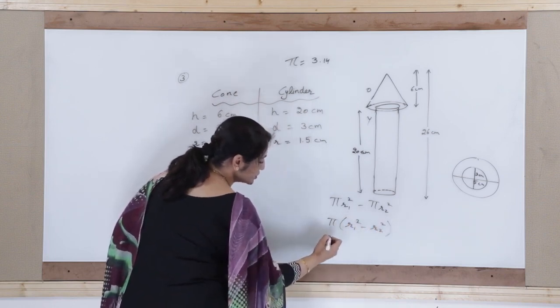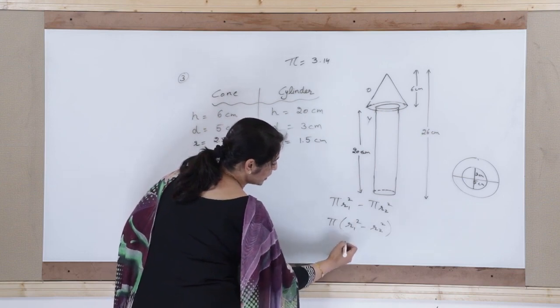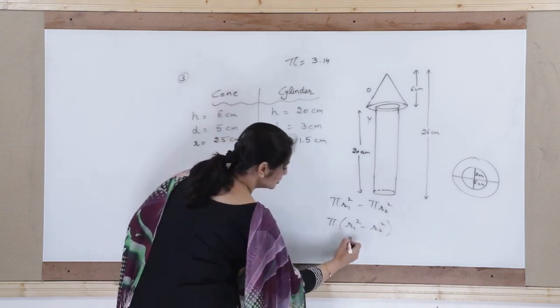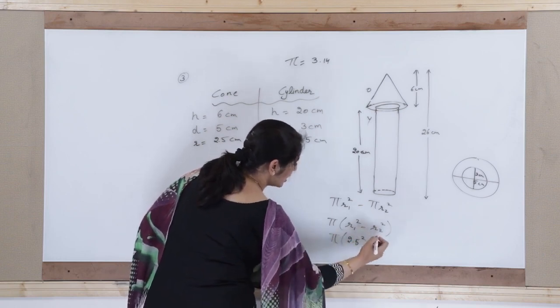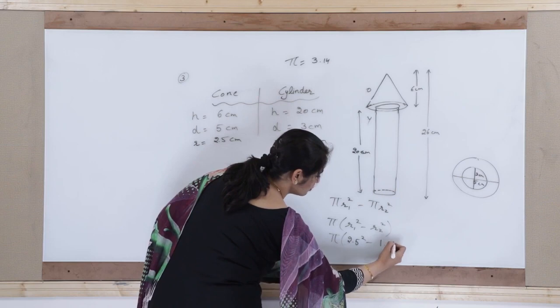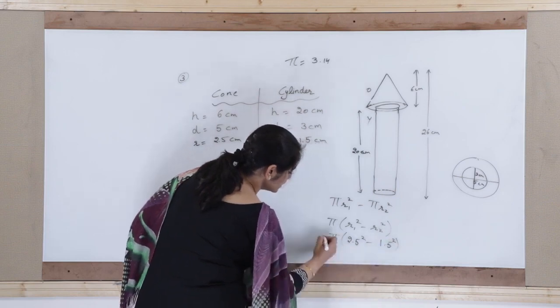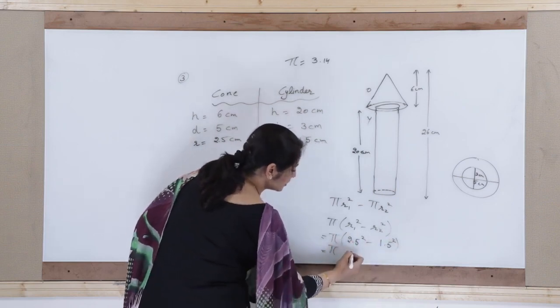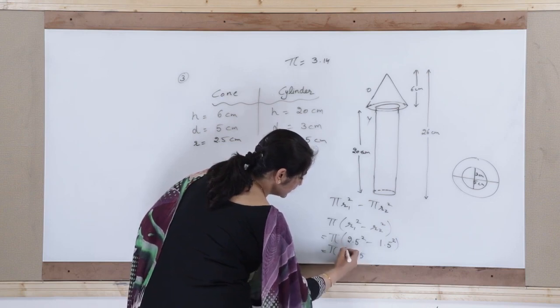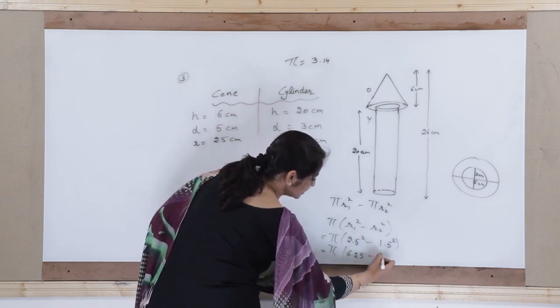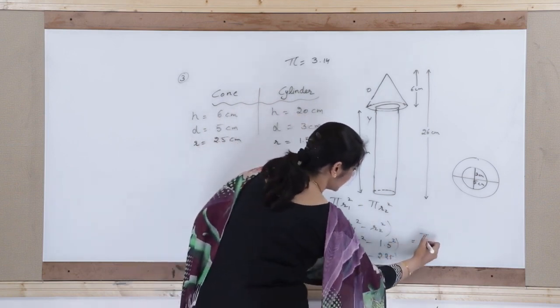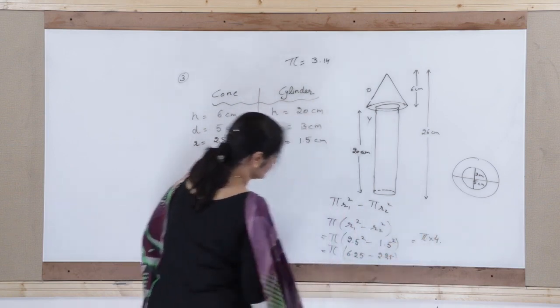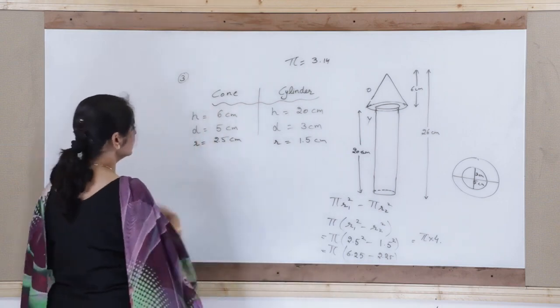Now putting these values, R1 is 2.5 here, so 2.5 square minus R2, which is 1.5, so 1.5 square. 2.5 square is 6.25 and 1.5 square is 2.25. Subtracting this, we will have pi into 4.